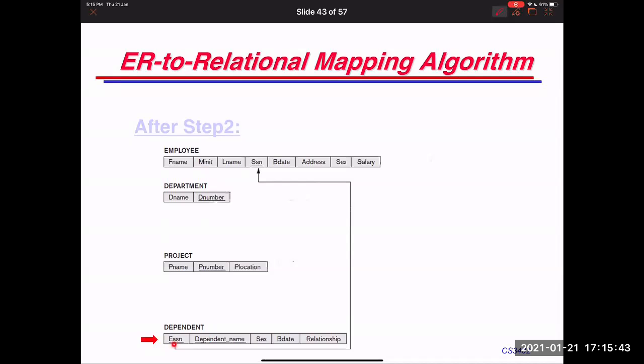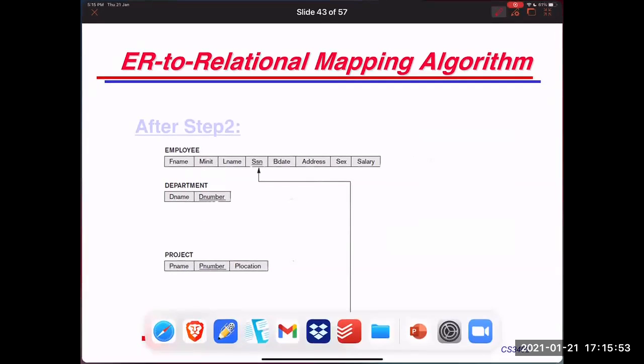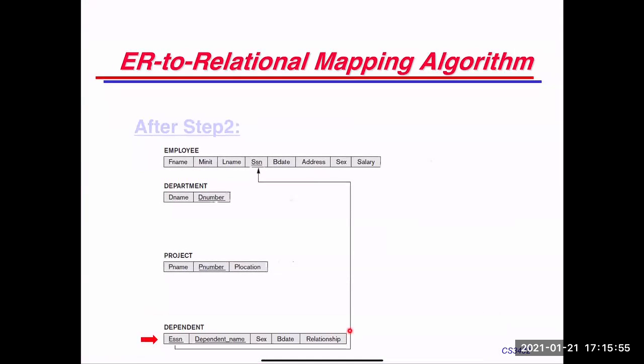And we emphasize that this is a foreign key, so we use this arrow notation here. We just point from this attribute to the primary key of employee that it is the foreign key of. So we make sure that we know where this foreign key is coming from.